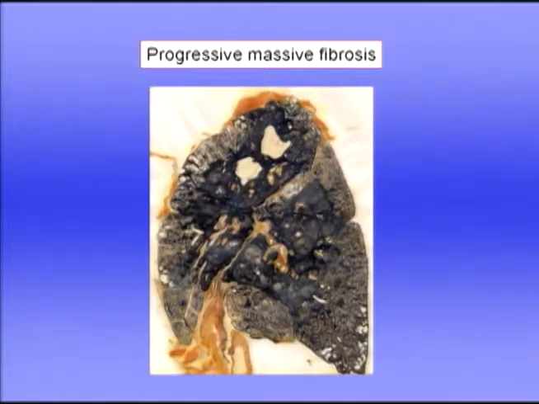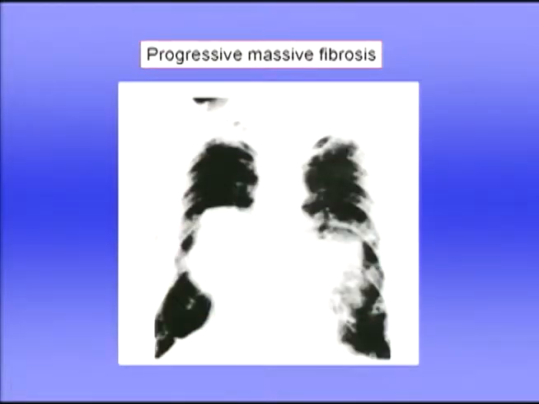Here's an example of a thin lung section in progressive massive fibrosis, and it looks awful, doesn't it? Here you've got these big concentrated areas of fibrosis, and around them you've got areas of lung destruction, some areas of emphysema. See that down here in the base as well. And look at this radiograph. It just looks awful, doesn't it?